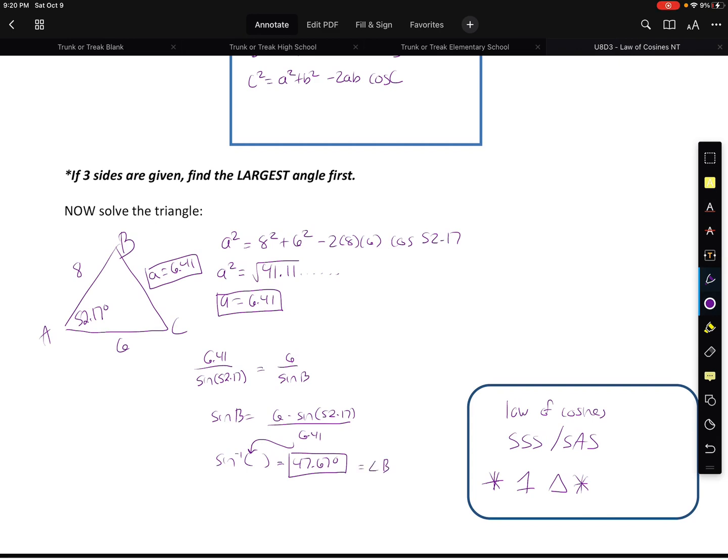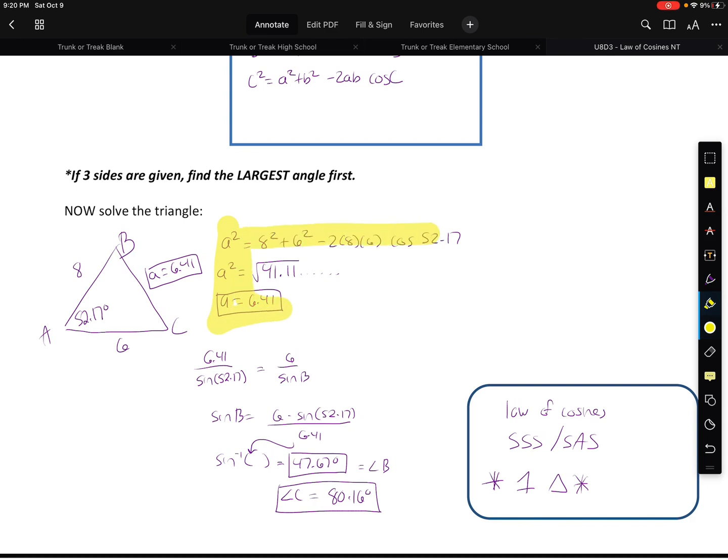So that's my angle B, which means my angle C, 180 minus 47.67 minus 52.17, gives me 80.16 degrees. Done.